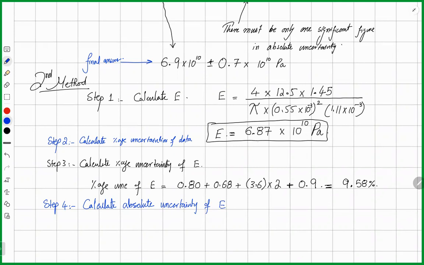That would come with the answer. Just find 9.58% of 0.68. Sorry, 6.87. My bad. Just find 9.58% of 6.87.